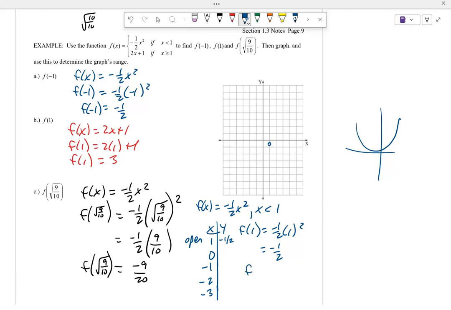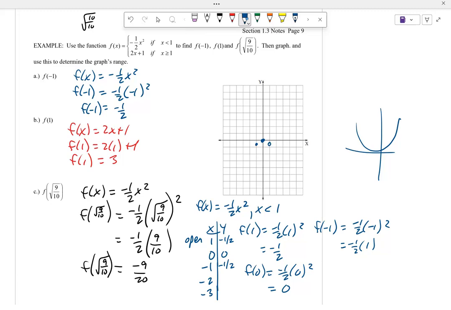Plug 0 in, so f of 0. So I got negative a half times 0 squared. Well, 0 times anything is 0. So f of 0 is 0. Plug in negative 1. So f of negative 1 is negative a half times negative 1 squared. Well, negative 1 squared is positive 1. So we end up with negative a half on this. So negative 1, negative a half. Plug in negative 2. Well, negative 2 squared is 4.